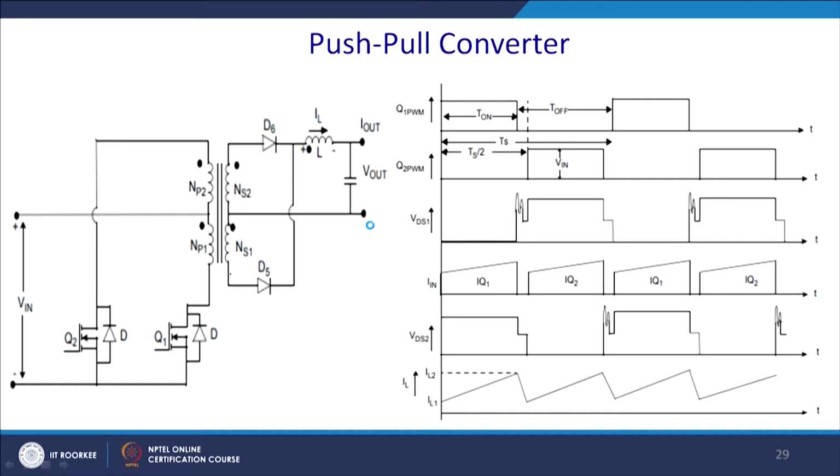Now, let us go back to the other converter. One of the disadvantages of this isolated DC to DC converter, which we have discussed, is that we are required to reset the flux, and to reset the flux we have a constraint on the duty cycle. And ultimately you have to feed power from the stored energy.